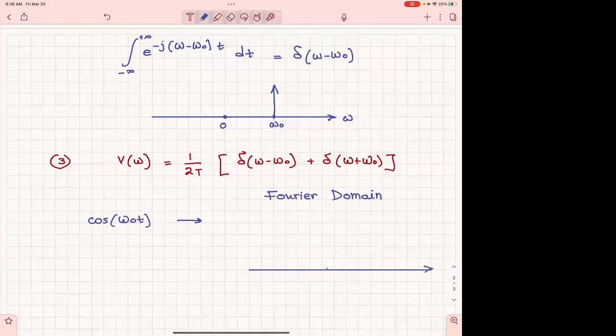If this is 0, it's one delta here at minus omega naught and another delta here at omega naught. But because we know that our frequencies are real, practically it's only this one that we're considering, all right?